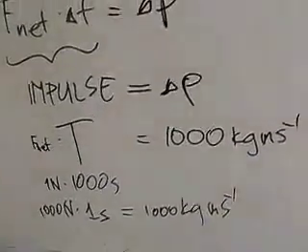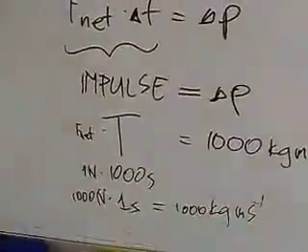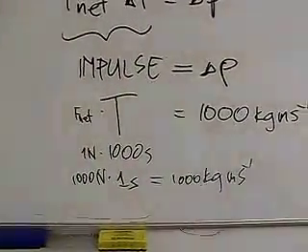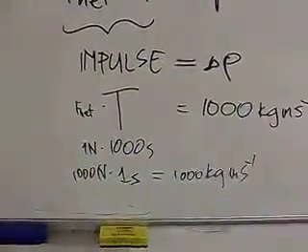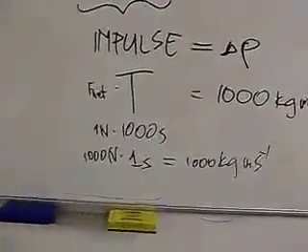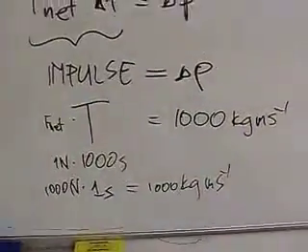So changing the momentum of an object by a lot can be done in two ways: either by acting with a tiny force for a long period of time, or I can use a large force, and that force can be in contact with the object just for a short amount of time to still create a huge change in momentum.